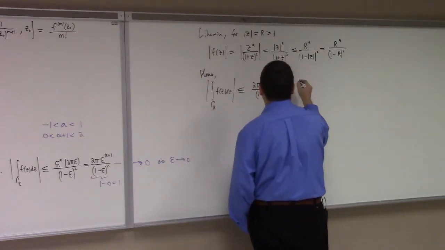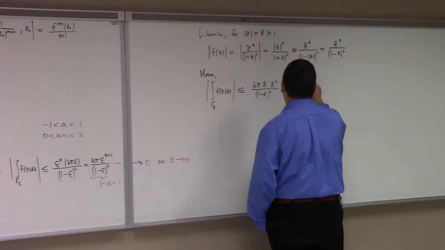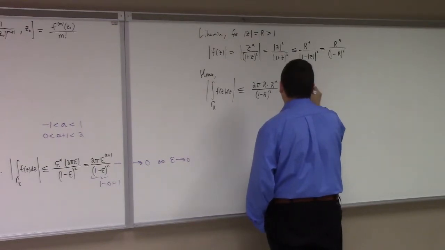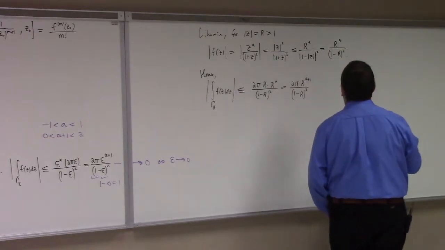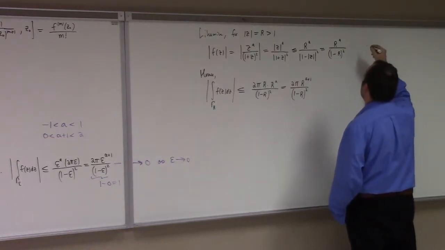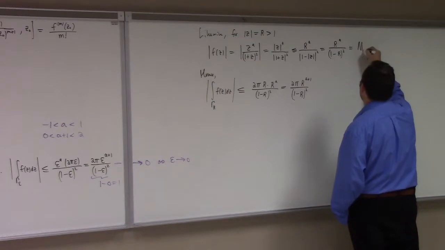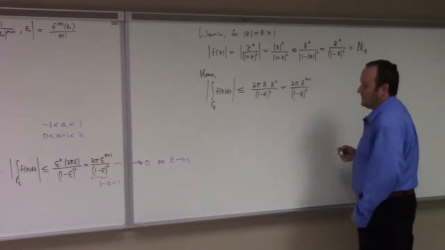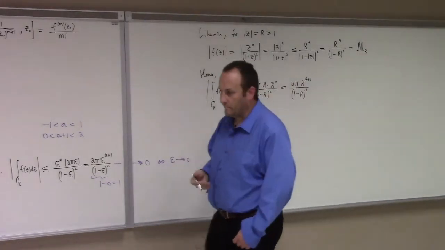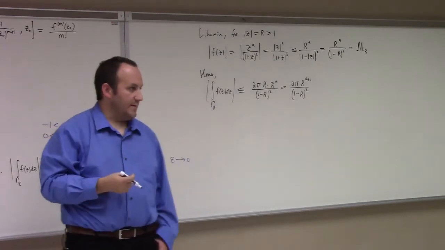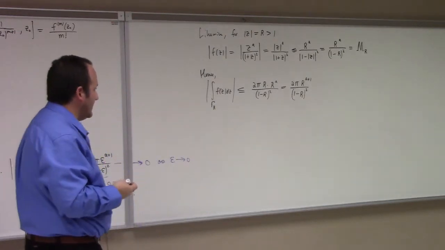Which is equal to 2 pi r to the a plus 1 over 1 minus r quantity squared. And let's see here. You might call this m sub r in the same way I called the other one m sub epsilon.